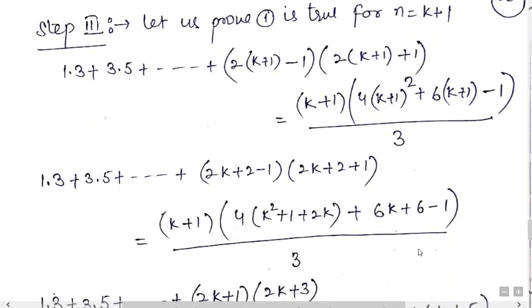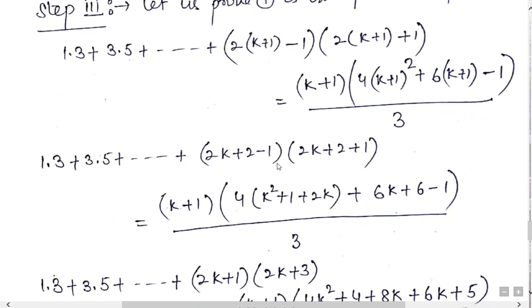First of all, try to solve this statement. 2k plus 2 minus 1, 2k plus 2 plus 1, and on the right hand side k plus 1, 4 into k square plus 1 plus 2k, 6k plus 6 minus 1.